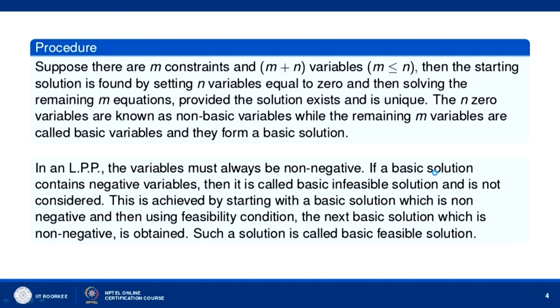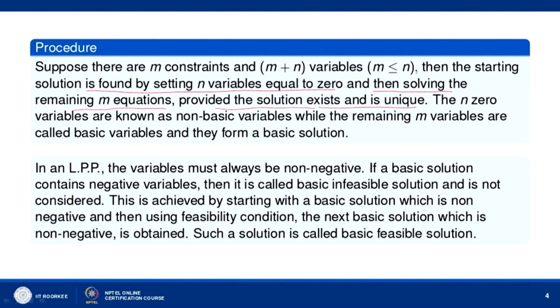Suppose there are m constraints and m plus n variables, m less than or equal to n. Then the starting solution is found by setting n variables equal to 0 and then solving the remaining m equations, provided that the solution exists and is unique.